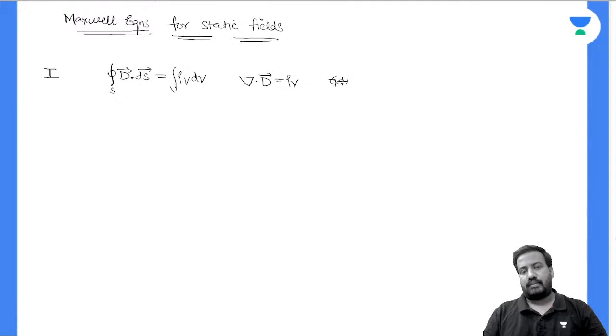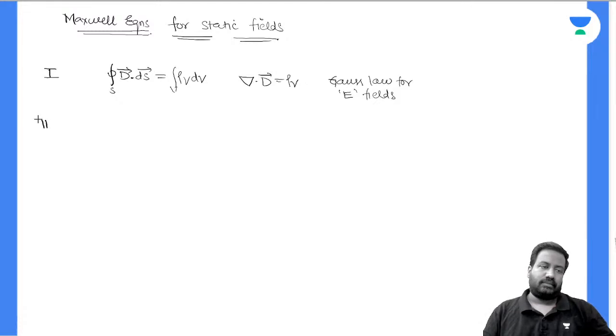Source: Gauss law for electrostatic fields. Second equation: closed loop integral of E dot dl is 0.